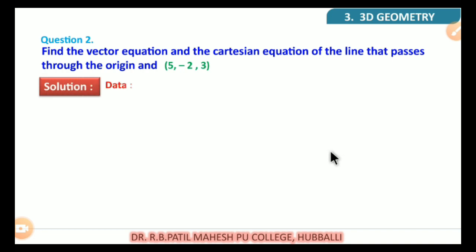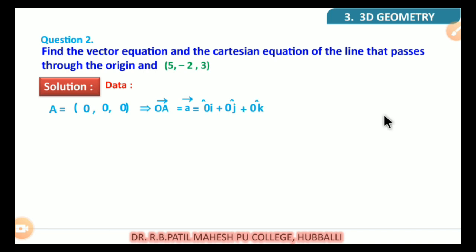Now for the solution, take down the data. Point A means the first point. Here the first point is the origin. Therefore vector a has the coordinates 0, 0, 0. This implies vector a is equal to 0i plus 0j plus 0k.